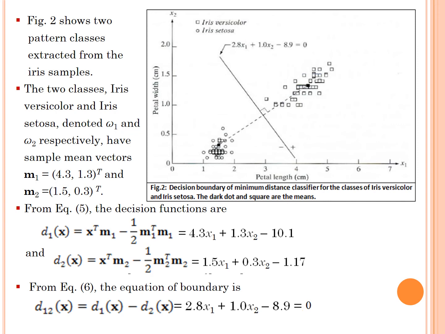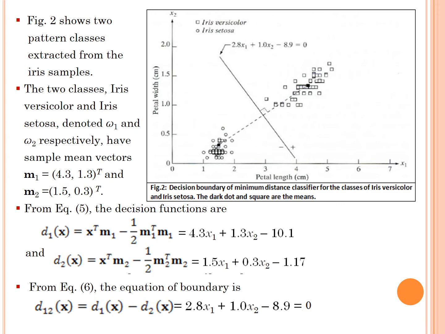Figure 2 shows two pattern classes extracted from the iris samples. The two classes, iris versicolor and iris setosa, denoted w1 and w2 respectively, have sample mean vectors m1 = (4.3, 1.3)^T and m2 = (1.5, 0.3)^T.